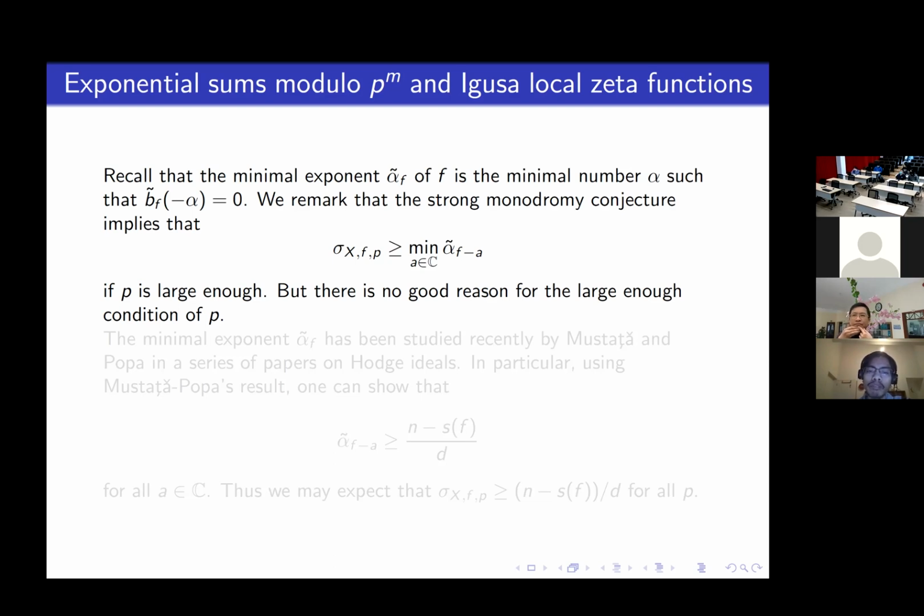But in fact, there is no result and no reason for the 'large enough' condition on p. It means that we can expect that the strong monodromy conjecture still holds with small p.